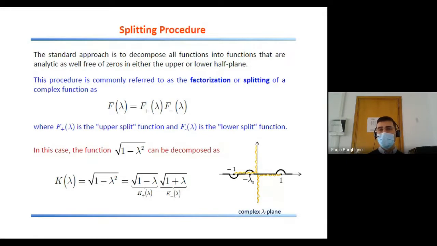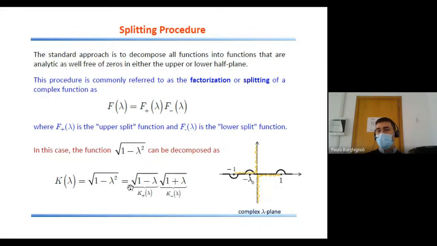If you have the function, we factor it by the second order inside the square root and then factoring the square root of 1 minus lambda and the square root of 1 plus lambda.